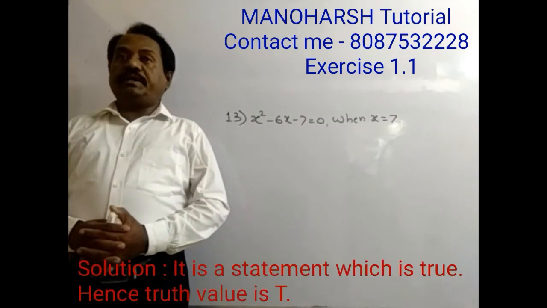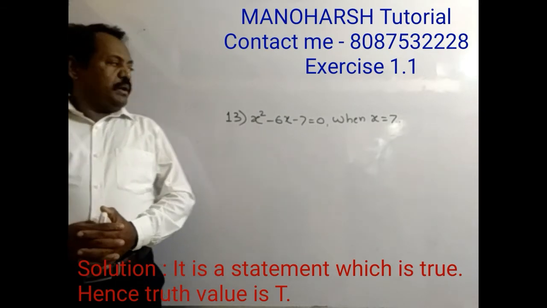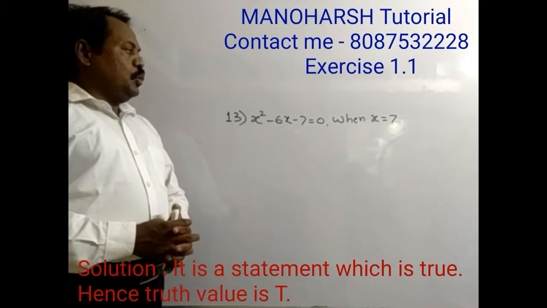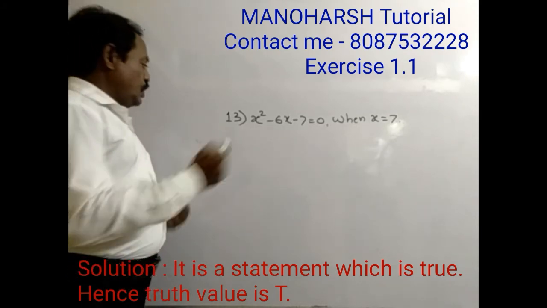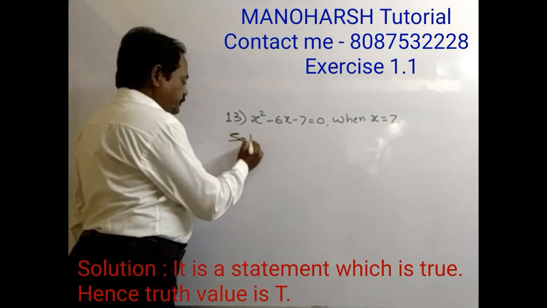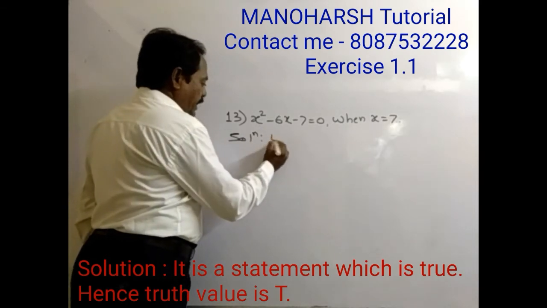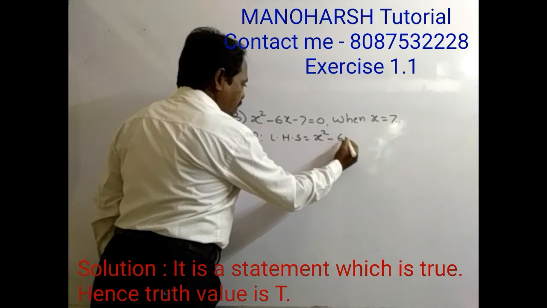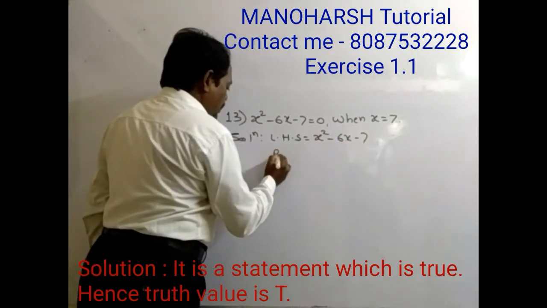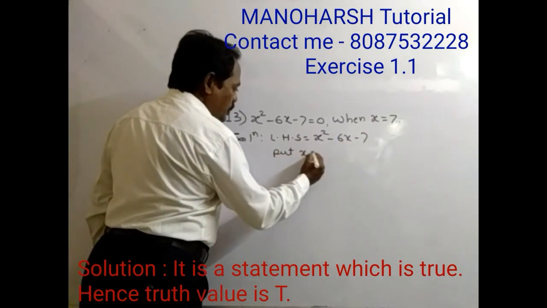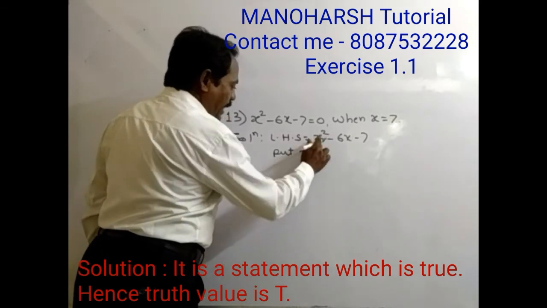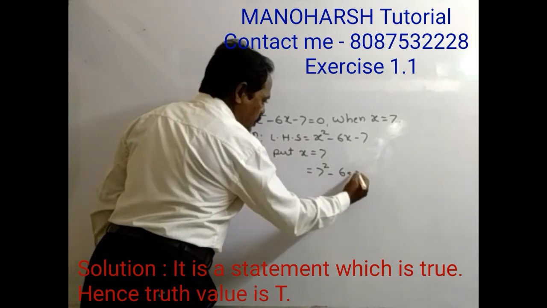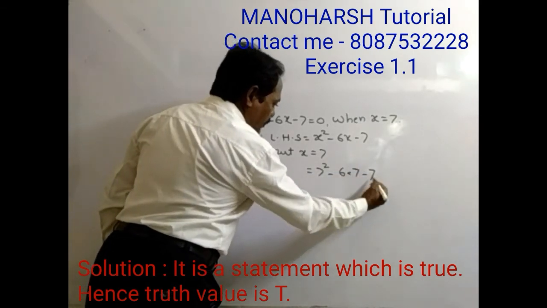Example number 13. x square minus 6x minus 7 is equal to 0 when x is equal to 7. So to solve, here we take the left hand side, x square minus 6x minus 7. Here we put x is equal to 7. So 7 square minus 6 into 7 minus 7.